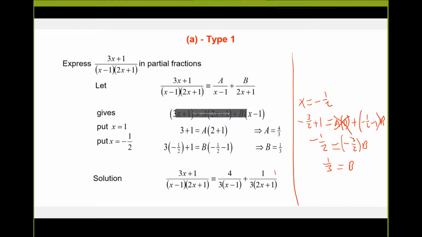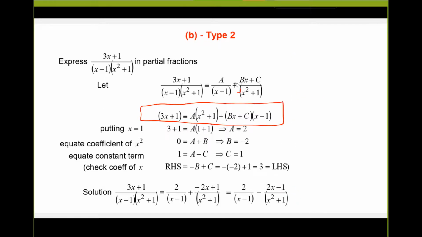Again, we cross multiply and set the numerators equal to each other. So that was a times x squared plus 1, and bx plus c times x minus 1. Okay, then we can plug in any numbers you want in order to solve for a, b, c.